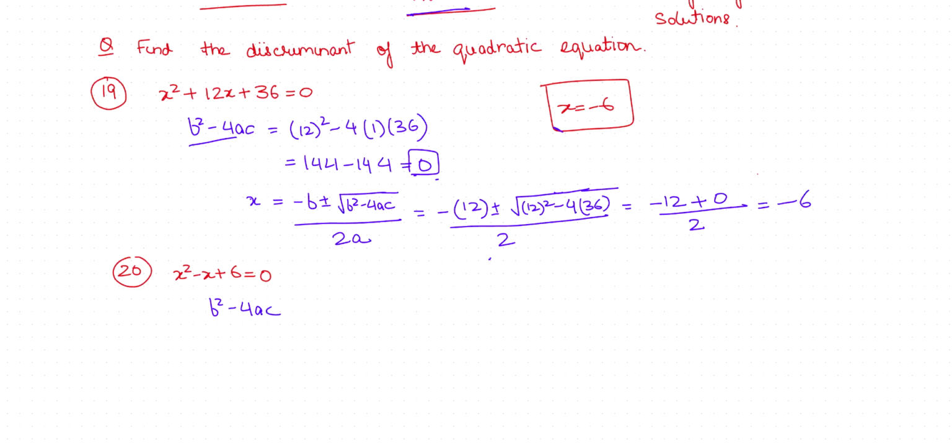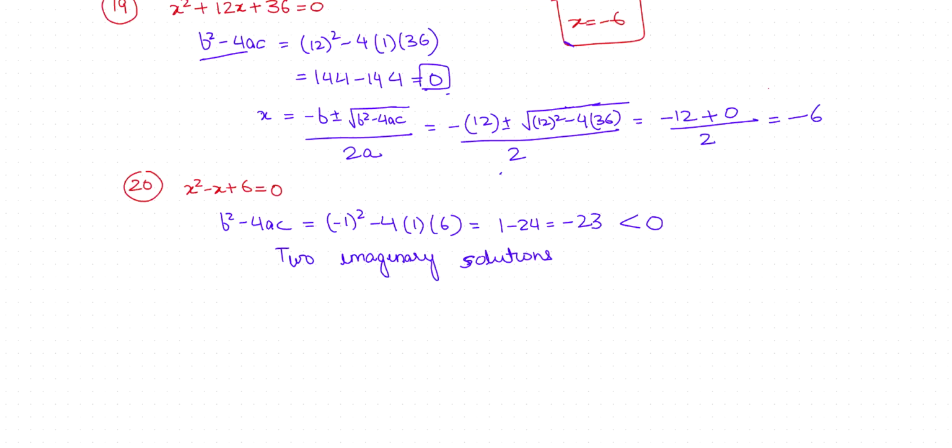Here b is minus 1 square, minus 4, a is 1 and c is 6. So we get 1 minus 24, which means minus 23. So it is less than 0. It means it will have two imaginary solutions.